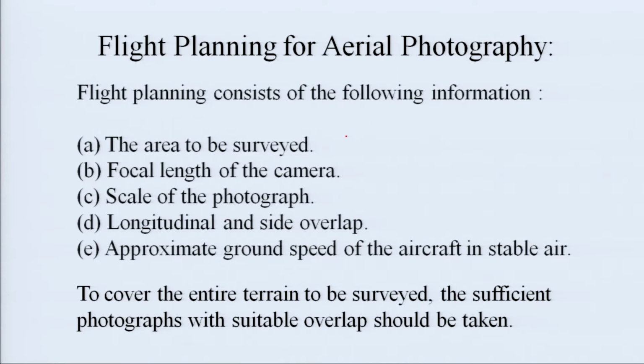The basic information we need for flight planning is: area to be surveyed, focal length of the camera, scale of the photograph, that is S, focal length of the camera, that is small f, longitudinal and side overlapping, which we discuss in the next slide, and approximate ground speed of the aircraft in stable air. To cover the entire terrain to be surveyed, sufficient photographs with suitable overlapping should be taken.